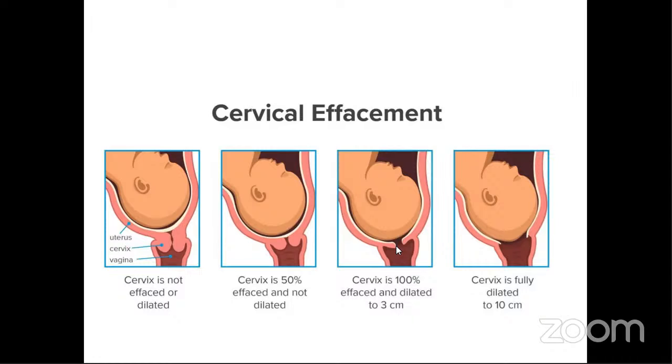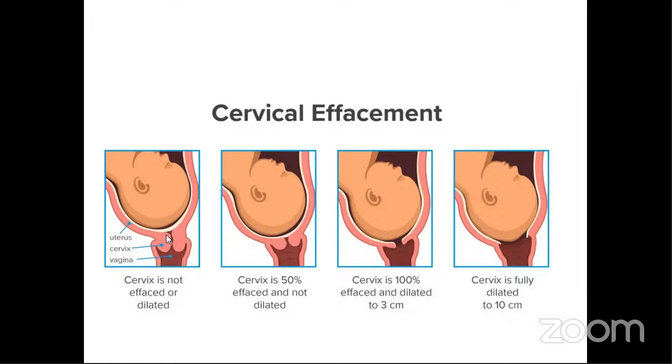I always ask the students to imagine a balloon. When you blow up the balloon, the lower part stretches and becomes one with the upper part. That is what happens with the cervix as well. In this picture you can see how the effacement process occurs.